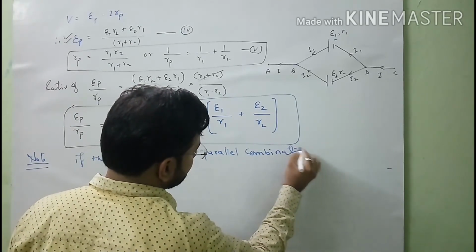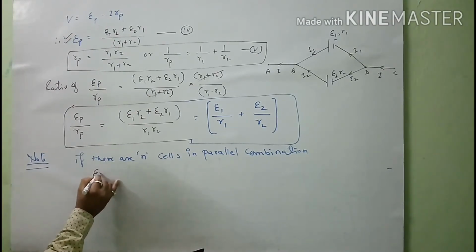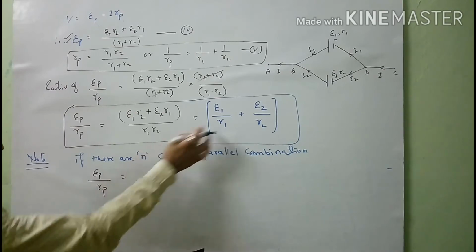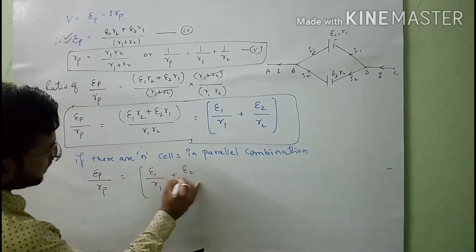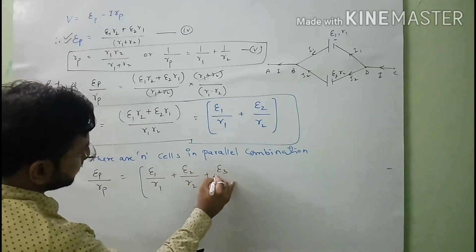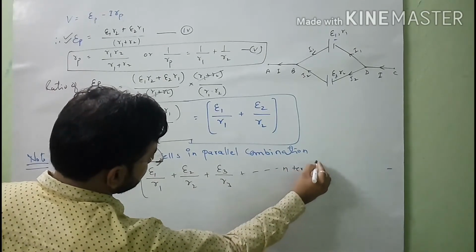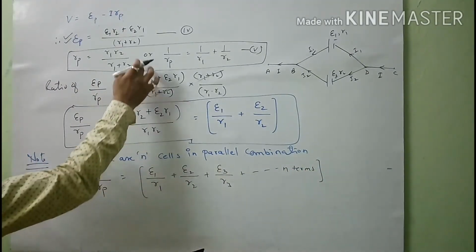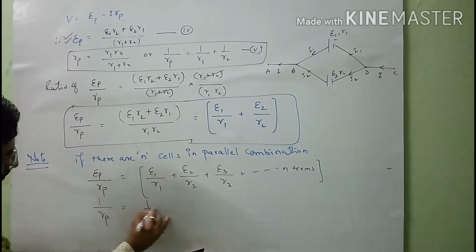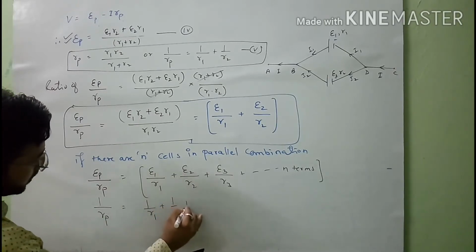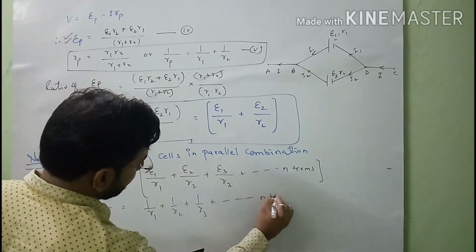So that time I will write the ratio of EP over RP in this way. See here, epsilon 1 over R1, epsilon 2 over R2, epsilon 3 over R3, and so on up to n terms. Point is clear? And after that, we can write the equivalent resistance, means this part RP also in this way, 1 over R1, 1 over R2, 1 over R3, and so on up to n terms.